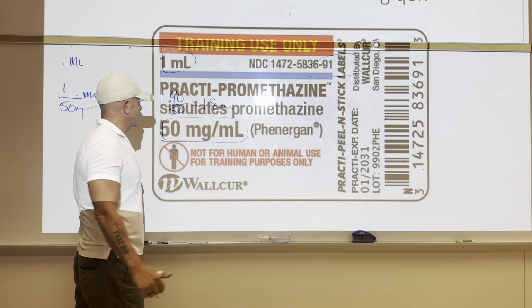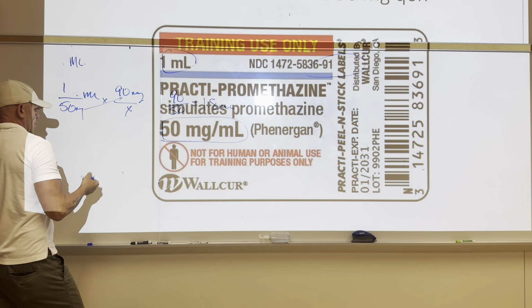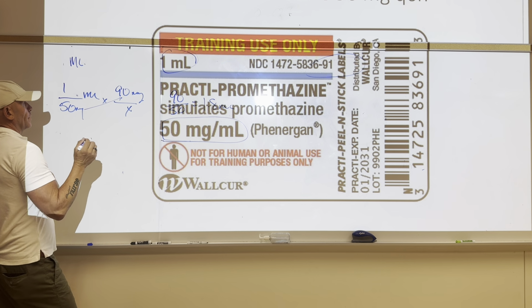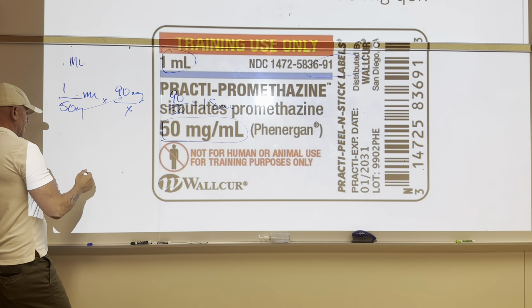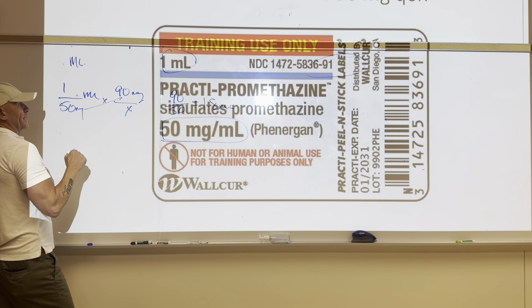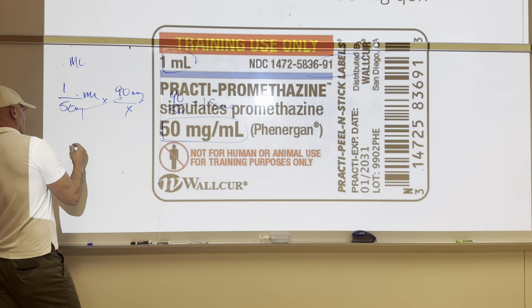Well, how many times does 6 hours go into the day? If you want to do it longhand, we'll do it this way. So we're looking for how many doses?